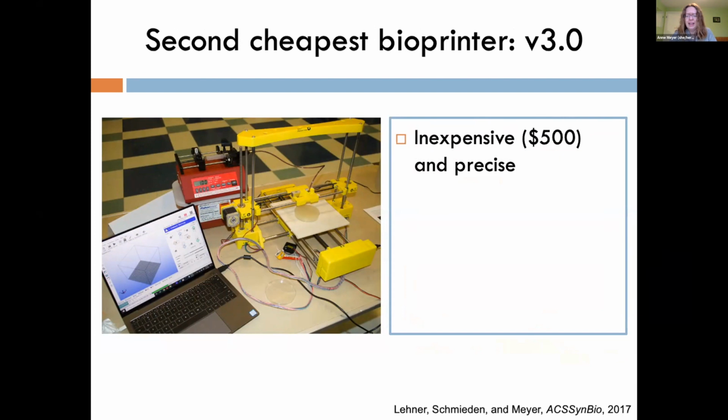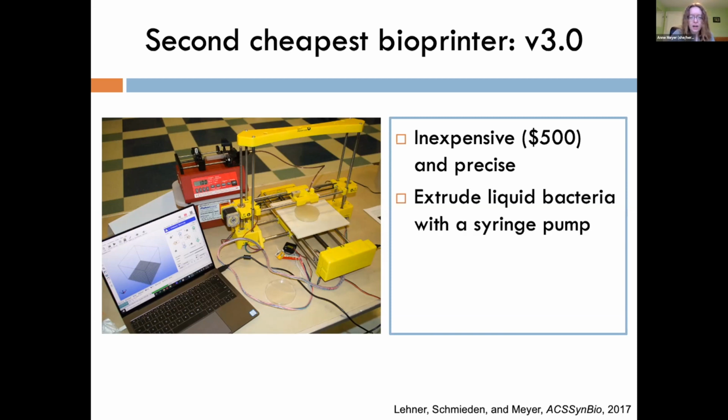So this printer, we're keeping it under $500. So it's still quite cheap compared to commercial 3D printers for biological systems. Compared to our toy printer made of Connects, this one is much more precise, which is great for taking the application further.